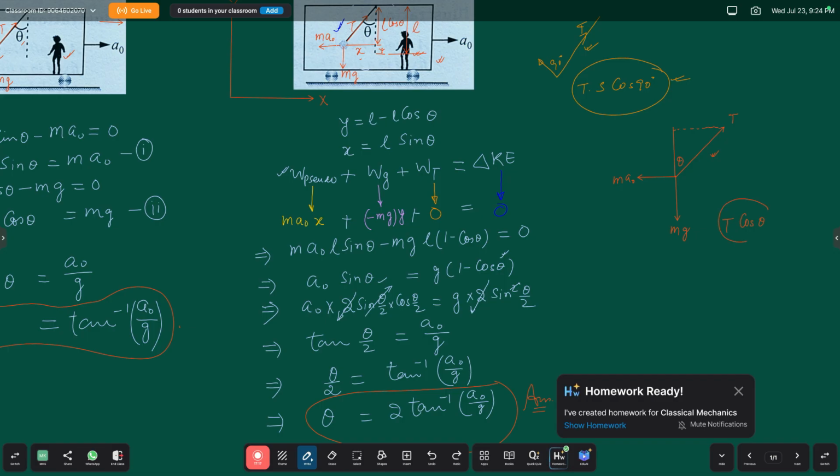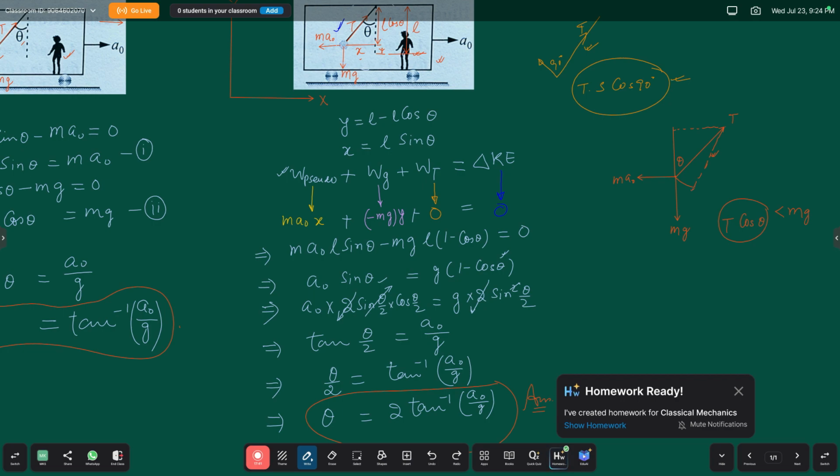So this will be less and mg will be greater than it. So mg will start pulling it down, meaning the bob has to return back from here. It will reach its equilibrium position.